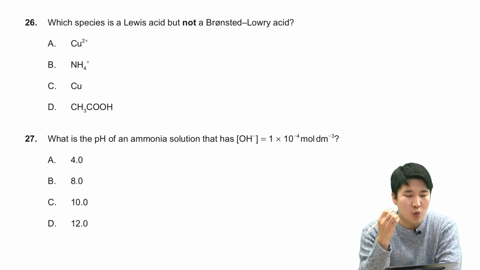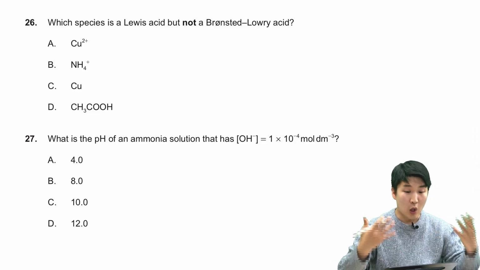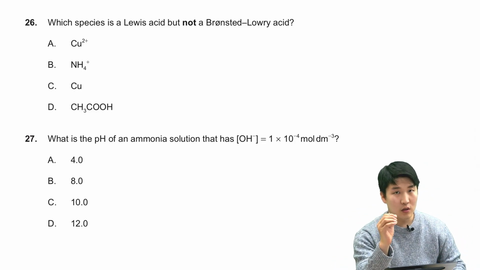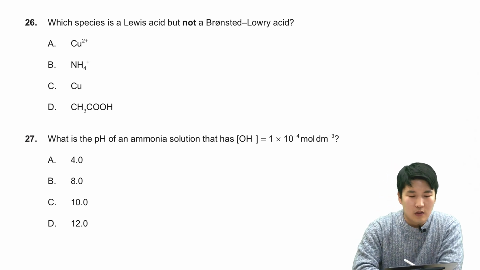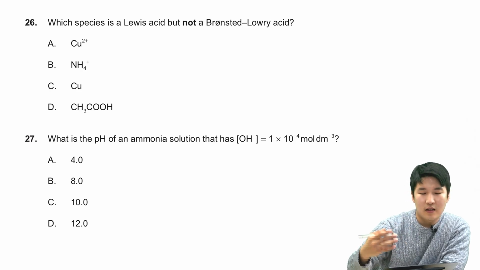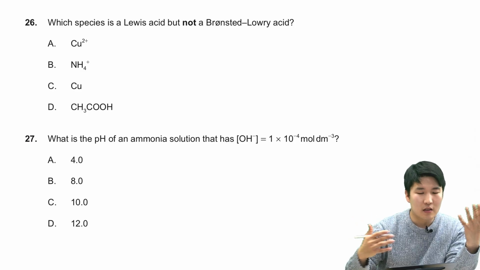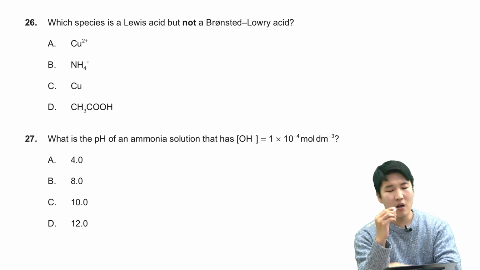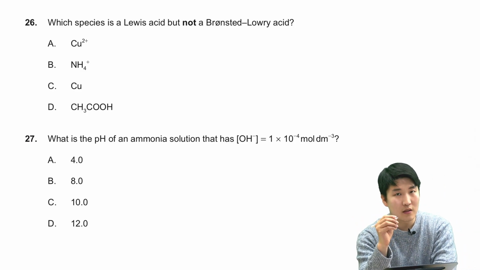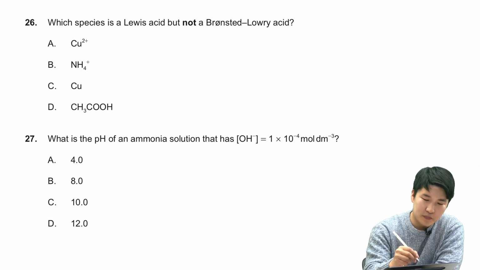Which species is a Lewis acid but not a Bronsted-Lowry acid? In other words, which species accepts a lone pair but does not give off a hydrogen ion? Copper 2+ is a transition metal ion that is often coordinated by many ligands. So copper 2+ is a perfect Lewis acid that does not act as a Bronsted-Lowry acid.